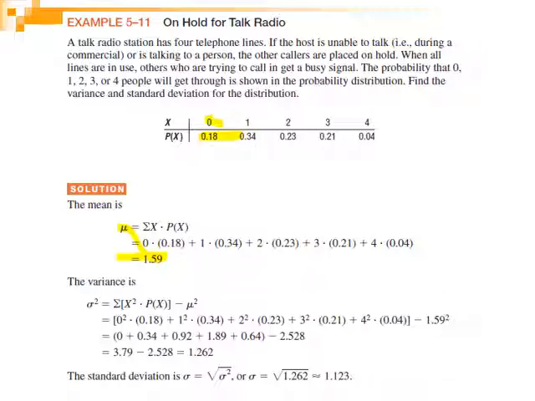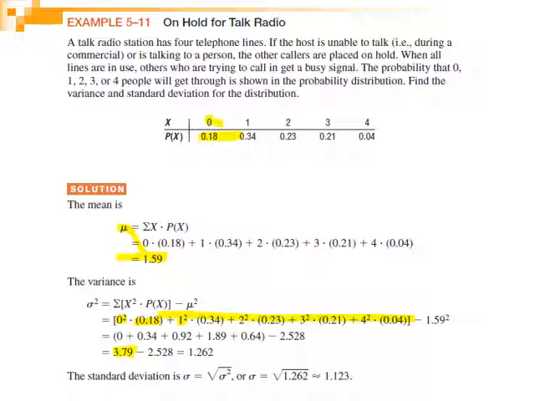Then we can use the previous table and get a column for squaring the x values, and then the squared x's multiplied by their associated probabilities, adding them all up, we find 3.97.